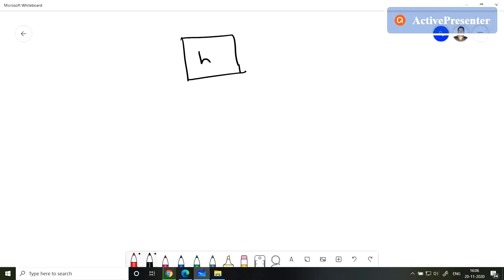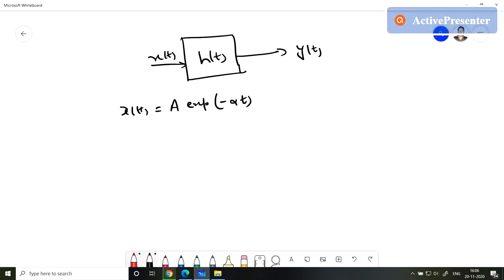In an LTI system we have impulse response h(t), x(t) is input and this is y(t). So x(t) is given as a e^(-alpha t) and h(t) is also given, it is equal to a e^(-alpha t). So both x(t) and h(t) are given.